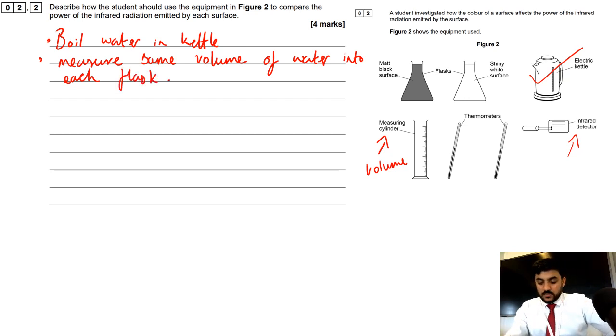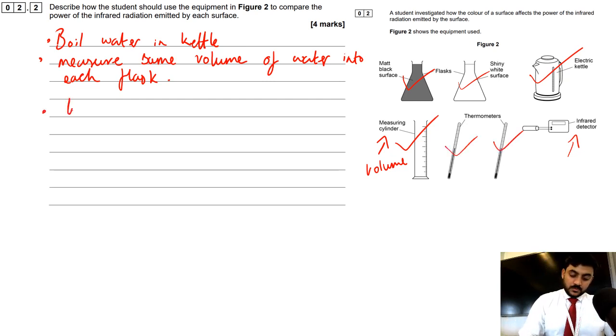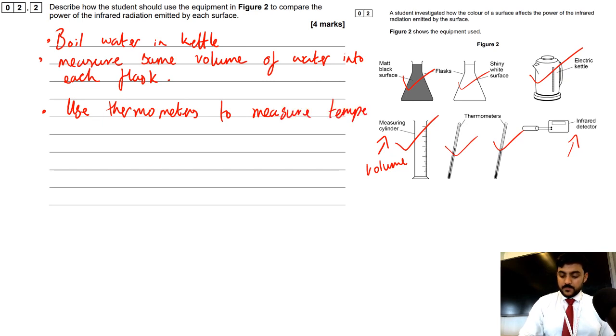So each conical flask gets the same volume of water. Okay, so we've poured it into both of those flasks. Then using the thermometers, use thermometers to measure temperature of each flask.